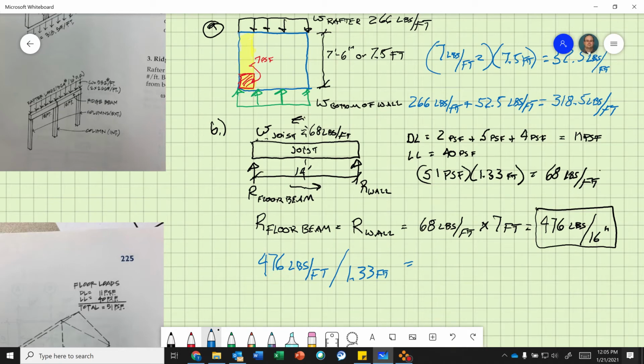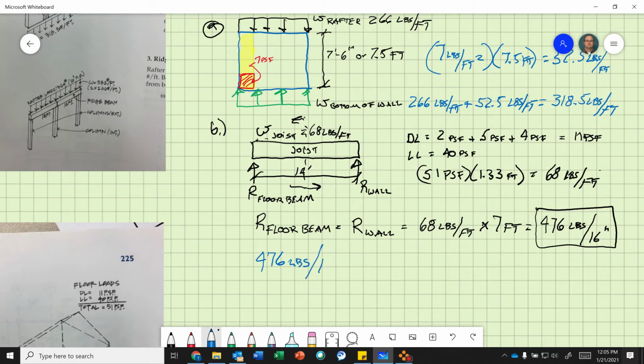Oh, I'm sorry, this is a point load. That's each joist sitting on that wall. So let's do that again. 476 pounds every 16 inches.